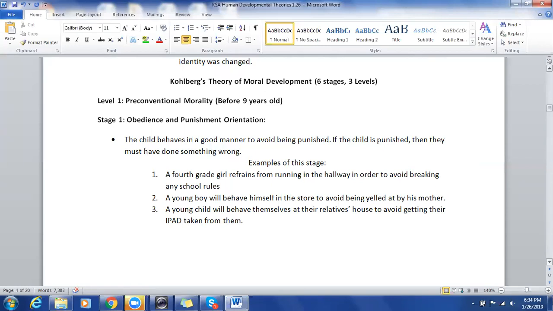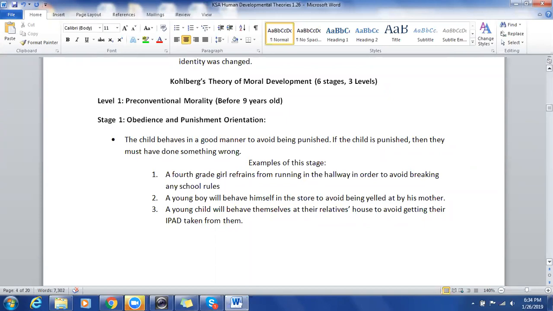So examples of this would be a fourth grade girl who refrains from running in the hall in order to avoid breaking any school rules. She knows that it's not appropriate to do so and doesn't want to be punished, so she walks. A young boy will behave himself in a store to avoid being yelled at by his mother; if he acts up or cuts up in a store, he's probably going to get punished pretty heavily.